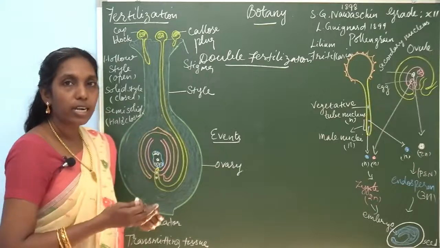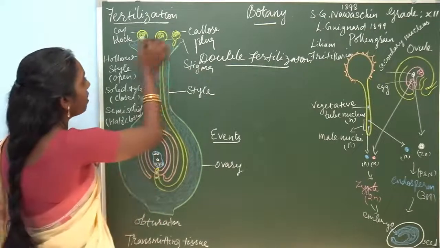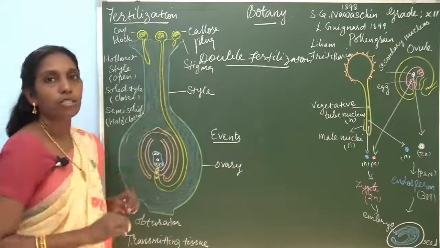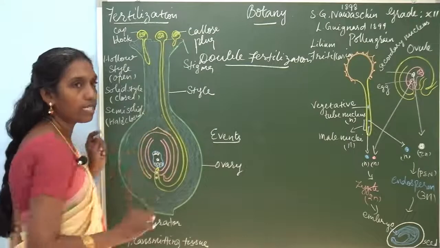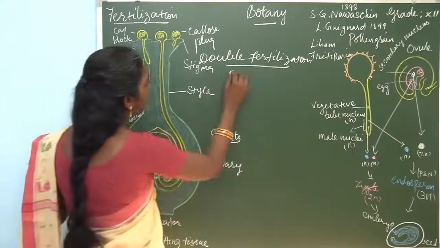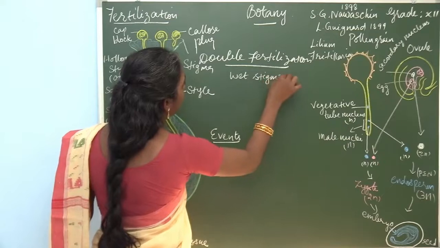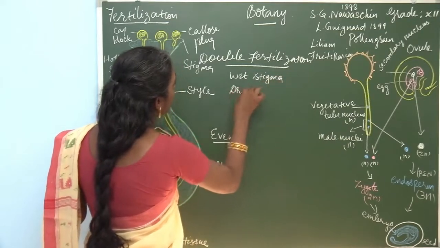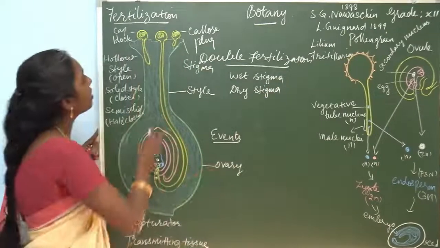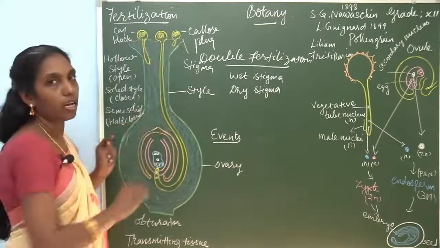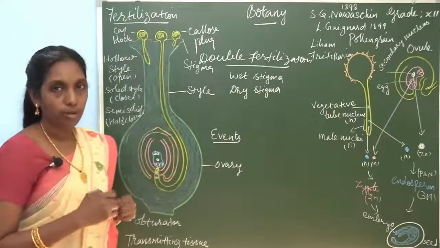If the pollen grains are compatible, they start to germinate on the stigma, due to the presence of stigmatic fluid. There are two different types of stigma, wet stigma and dry stigma. The wet stigma secretes a fluid, and due to this the pollen grain starts to germinate.